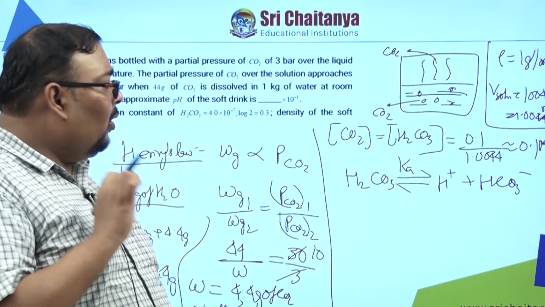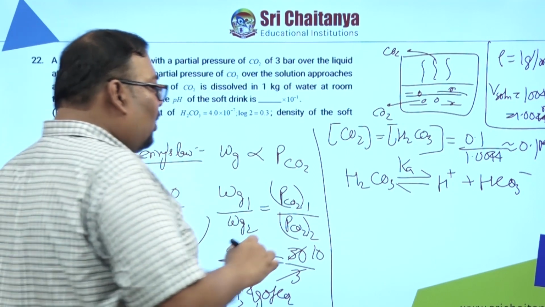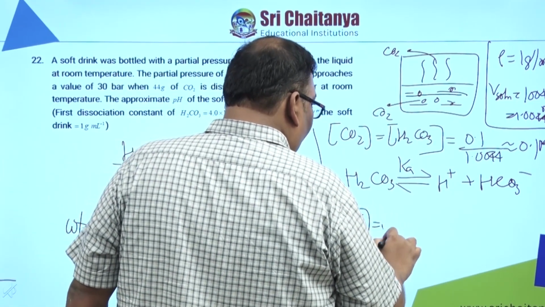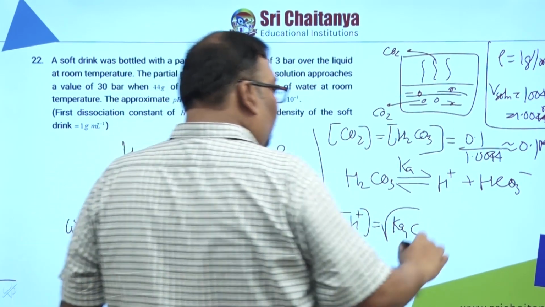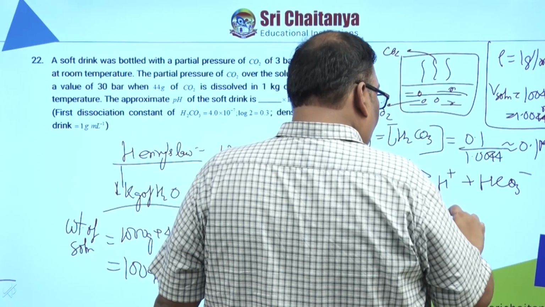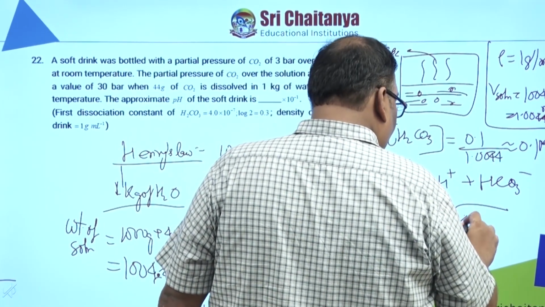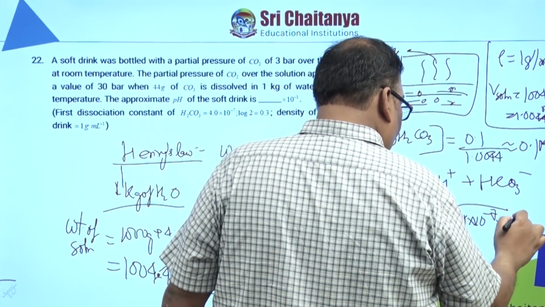So if we are only considering the first step contribution, then for the concentration of H plus we can directly use the formula under root of Ka1 into C. Ka1 is 4 into 10 to the power minus 7, into 0.1.